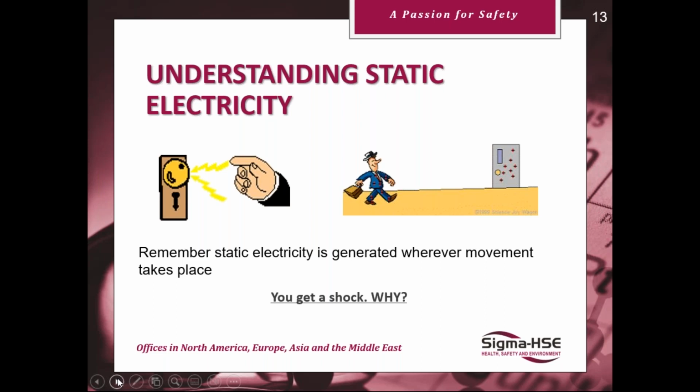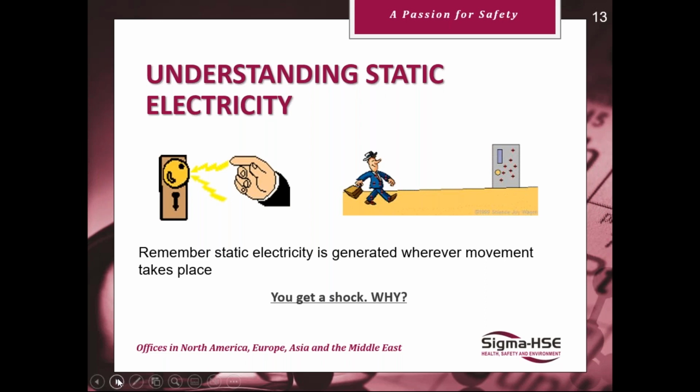So why do you get this shock? The main reason is the charge potential difference that you have. If you look at the man walking, then he's walking along on insulated shoes, on insulated lino or carpet, and then he comes to an earth door.